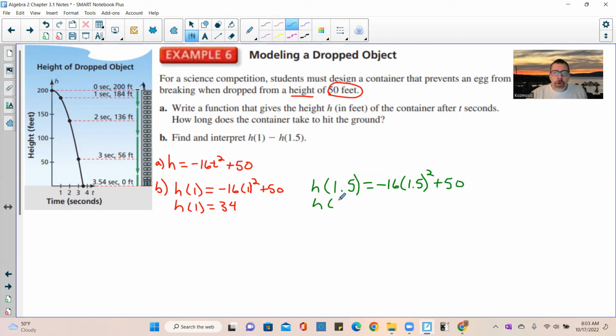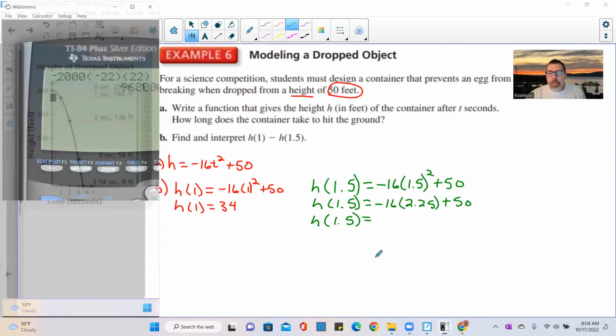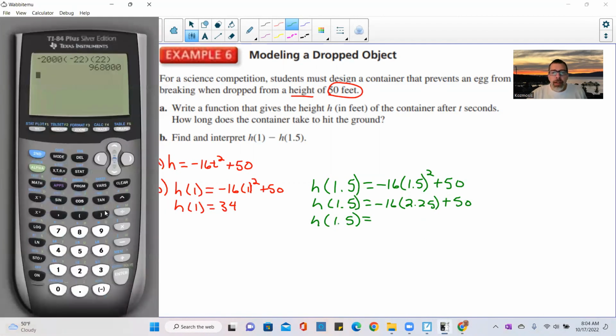And h of 1.5 is going to equal negative 16 times 2.25, which is 1.5 squared, plus 50. So simplifying this, I need to multiply 2.25 times 16. So negative 16 times 2.25, and I'm just going to do the whole thing here, plus 50. And I'm going to get 14.